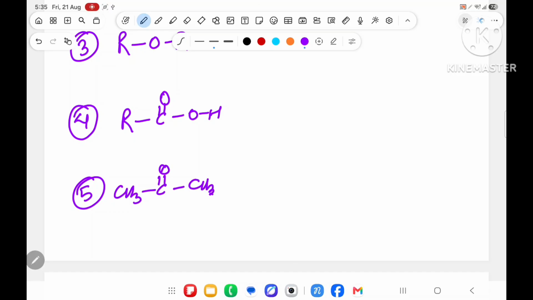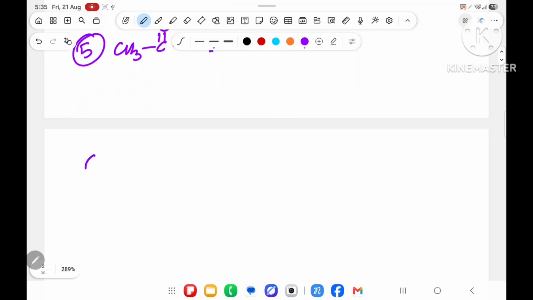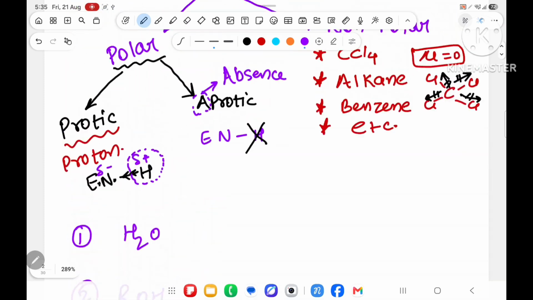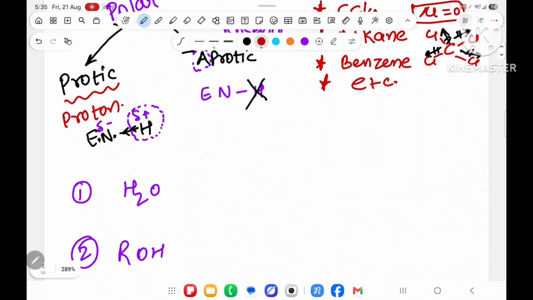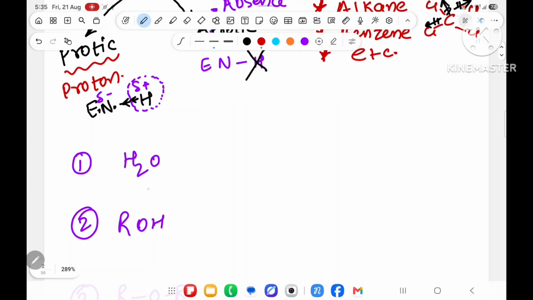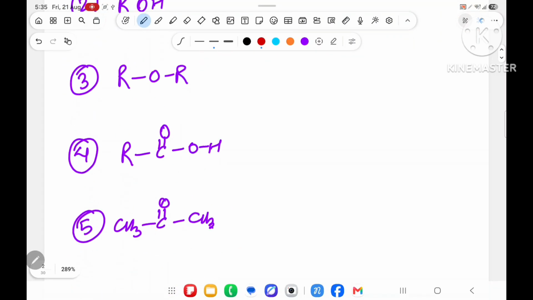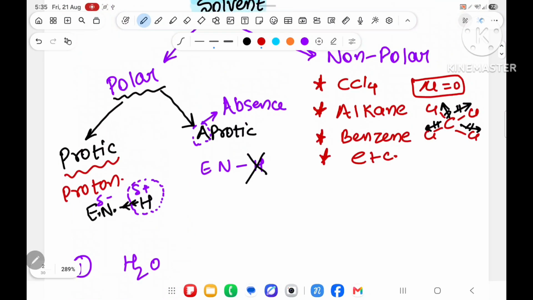Sixth one, HC double bond O, NH2. Now I will ask you, tell me, the first one is polar protic or aprotic? Polar is there, but polar and non-polar we don't have to study that much. Basically, we have to study polar protic and polar aprotic solvent.